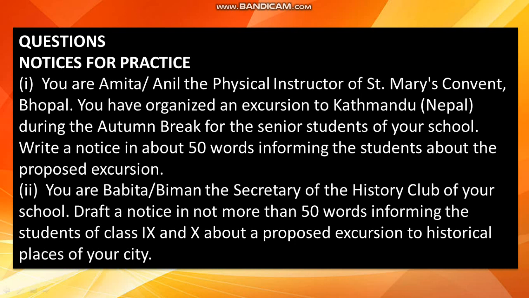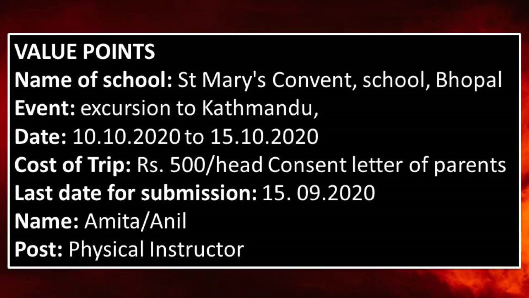I have already told you the value points before writing this notice. You are Babita Biman, the secretary of the history club of your school. Draft a notice in not more than 50 words informing the students of class 9 and 10 about a proposed excursion to historical places of your city.